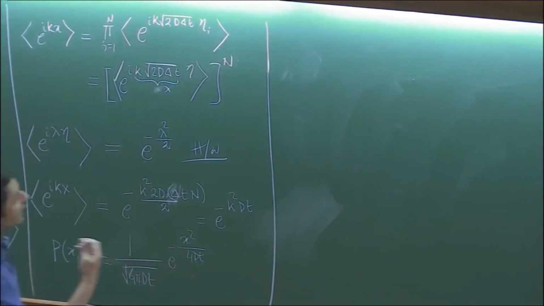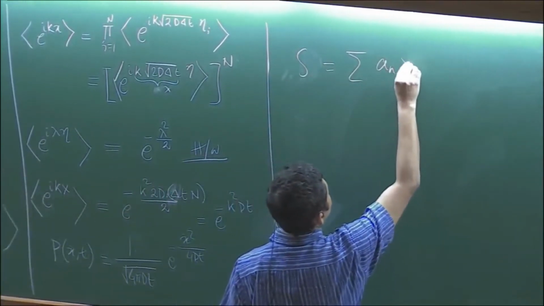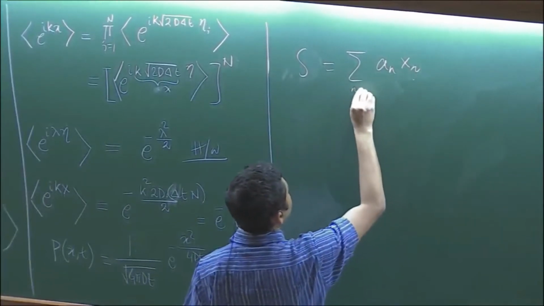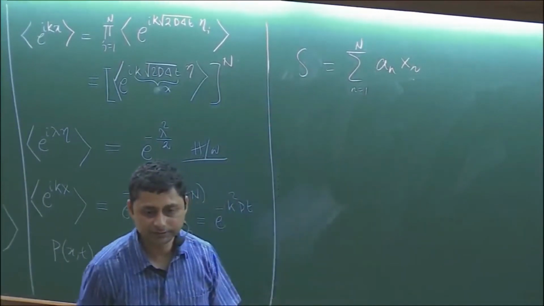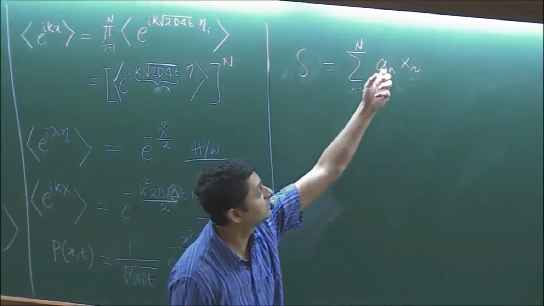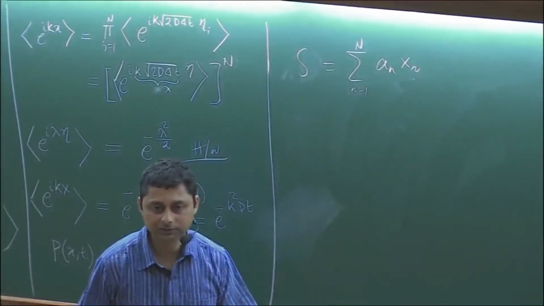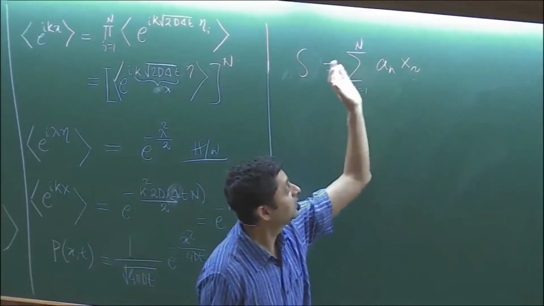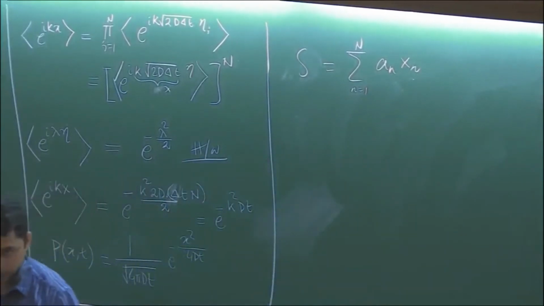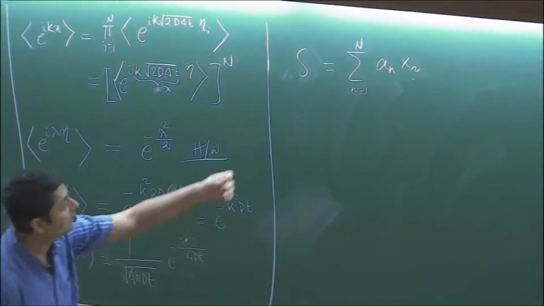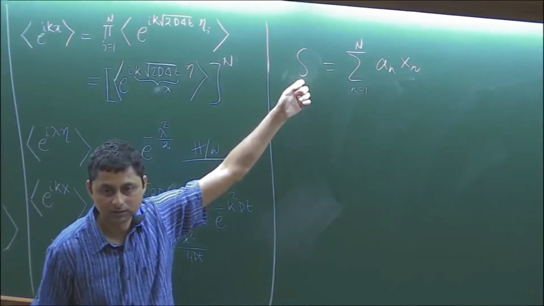In fact, you can take any sum, a n xn, n goes from 1 to N. The an's are some coefficients; you can think of them as variance, standard deviation, the strength of this. So if you take any linear combination, and the xn's are distributed according to a Gaussian distribution, then the distribution of S will also be Gaussian, right?